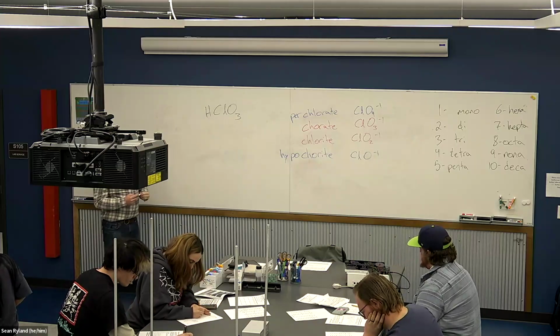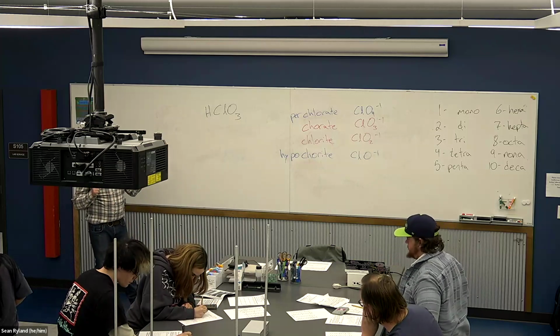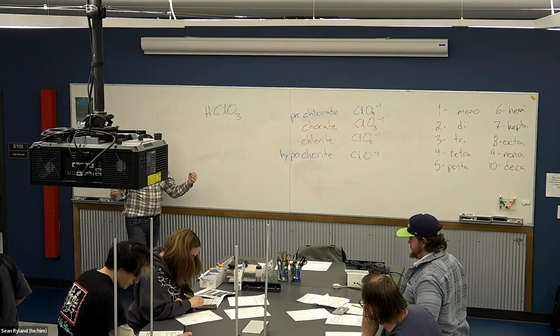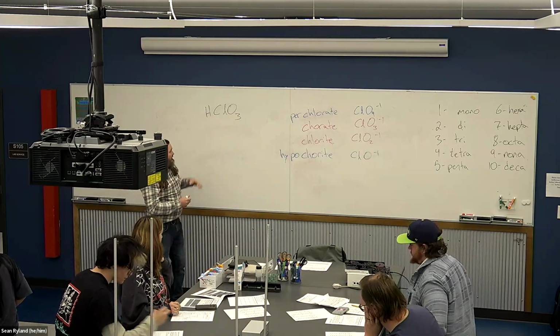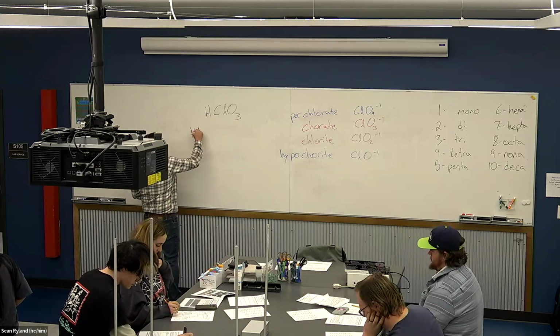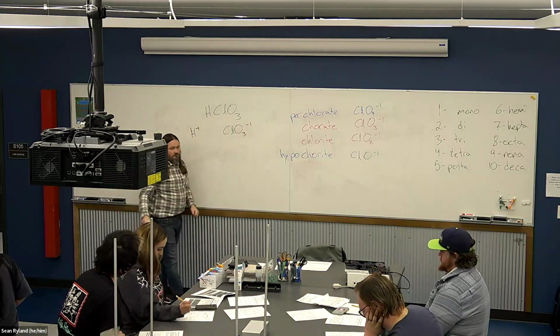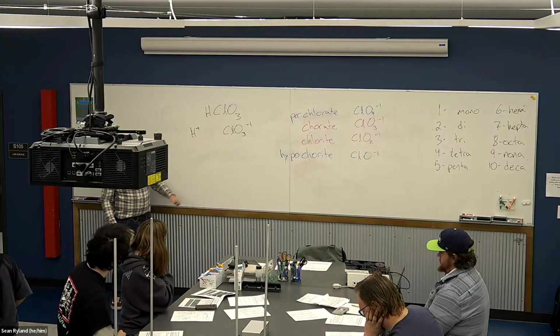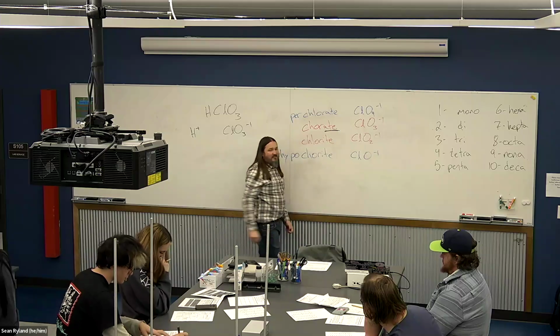When we name acids, it's just like ionic nomenclature where we separate it out and figure out what the ions are. In this case, we look at this and say, oh, that's an H plus and a chlorate. The fact that it ends in ate is going to tell us how to name this.